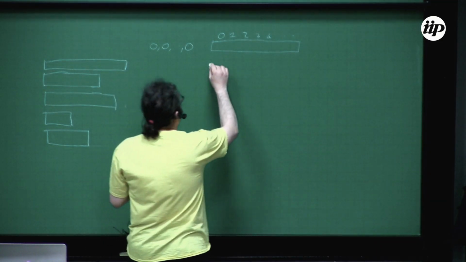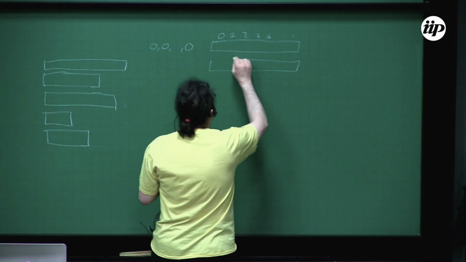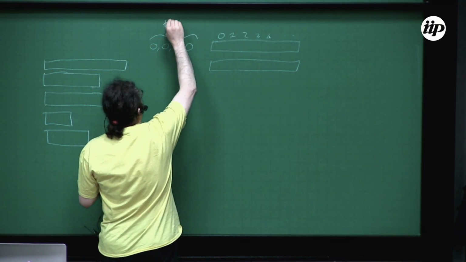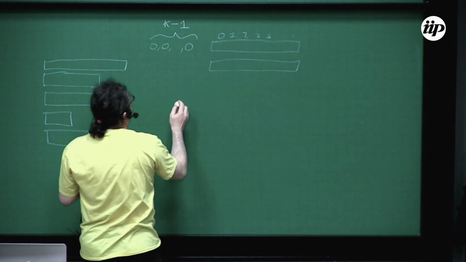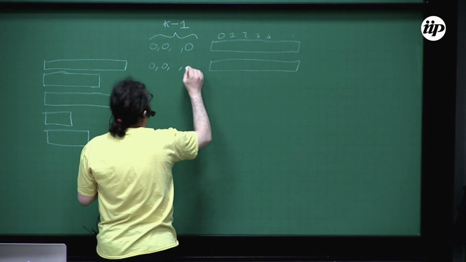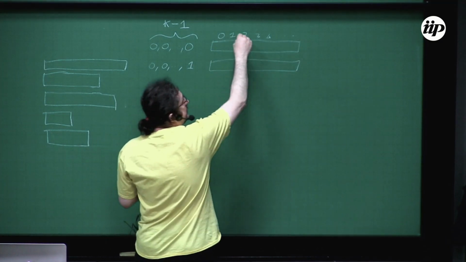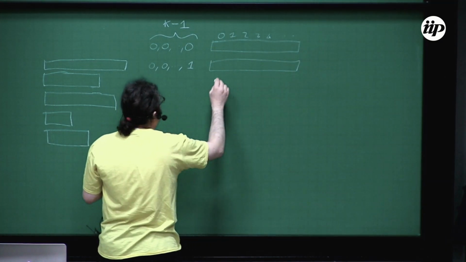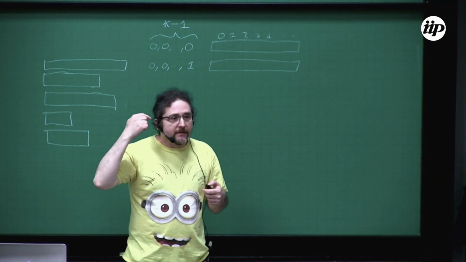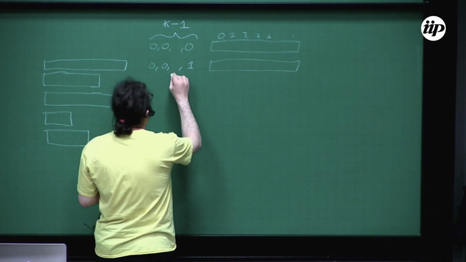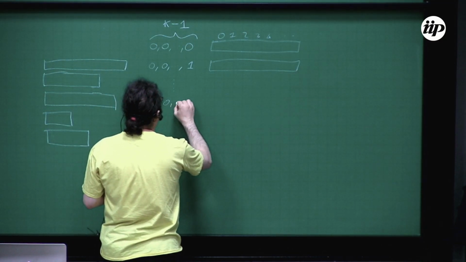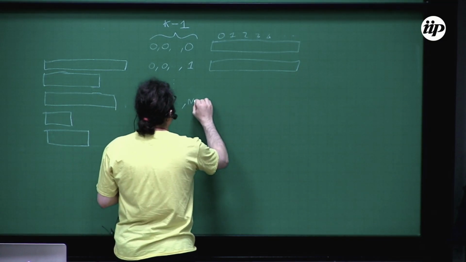The second row will correspond to the first, and these are, excuse me, k minus 1 indices. The second row will be like 0, 0, 1, and again 0, 1, 2, 3, 4, and so on and so forth. Right? Then later, you will have here 0, 0, dot, dot, dot, n minus 1.